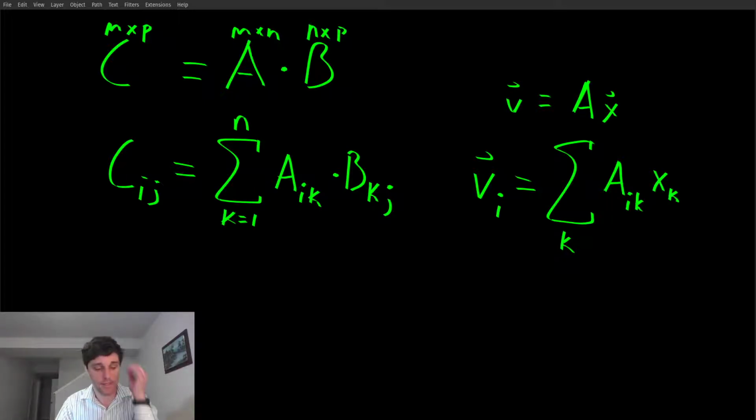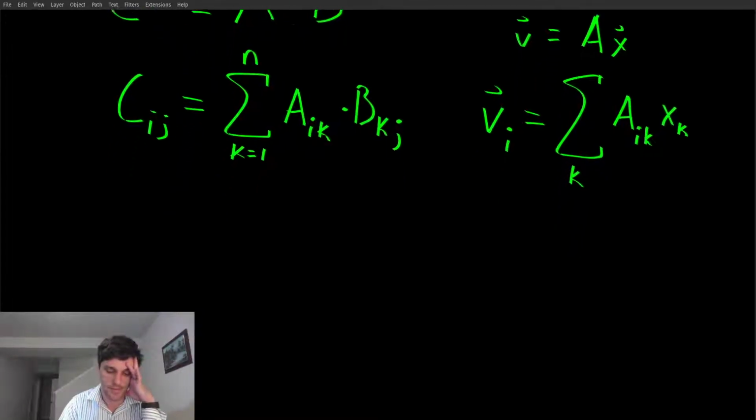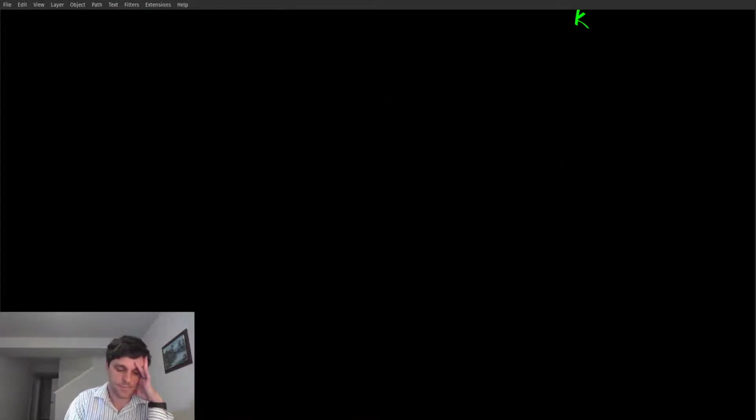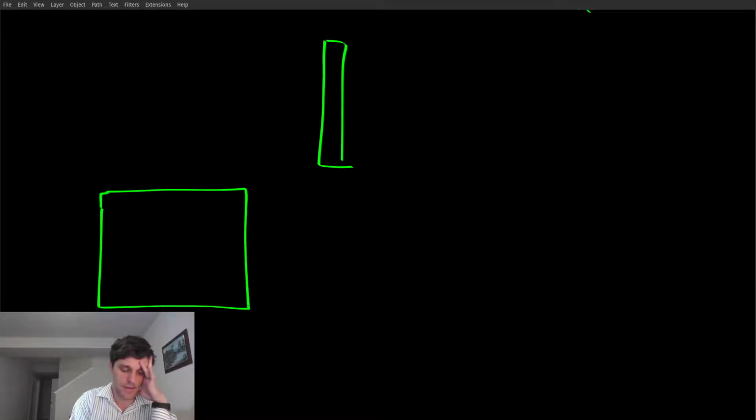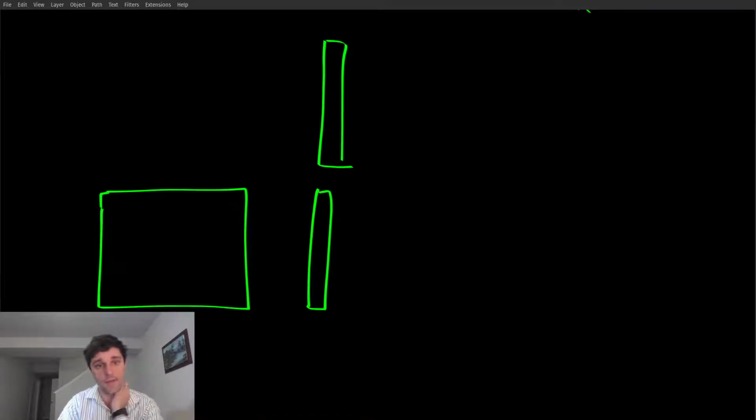Let's go back to our helpful diagram here. When I was talking about matrix vector multiplication, I drew it kind of like this, right? Here's our matrix, and here's our vector, and then here's our output vector. And I said each element here is the inner product of this vector with this row over here.